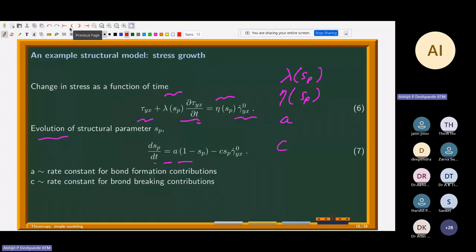So we combine the stress as a function of time and structural parameter to evolution equations, and then if we specify all these different parameters, then we can solve.